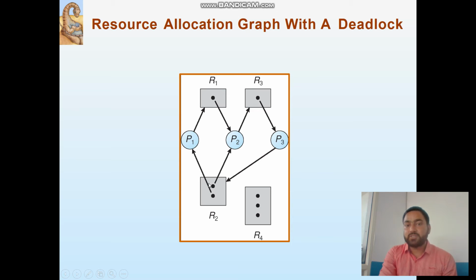Because resource R2 has only two instances, which are assigned to processes P1 and P2, and R1 is assigned to P2 but requested by P1. Similarly, R3 is assigned to P3 but requested by P2, and R2 is assigned to P1 and P2 but requested by P3. So this makes a cycle in the system, which is called a circular wait condition, and the hold and wait condition is also there in the system. So it leads to deadlock in the system.